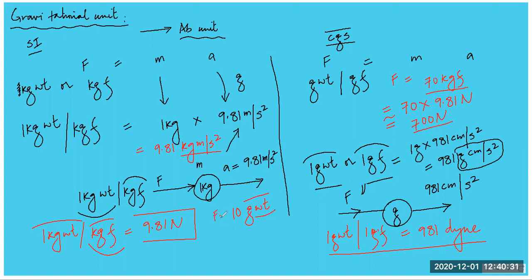Force is equal to 10 gram weight, so it will be equal to 10 into 981 dyne, which is 9810 dyne. Remember that. So guys, these are the two prominent unit conversions.